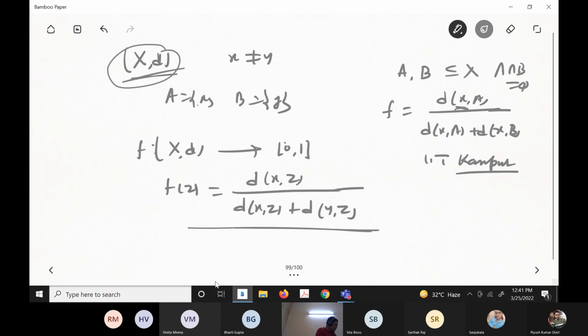The intermediate value theorem that I already mentioned, you should look at the comments. The intermediate value property says that a continuous image of an interval is again an interval.